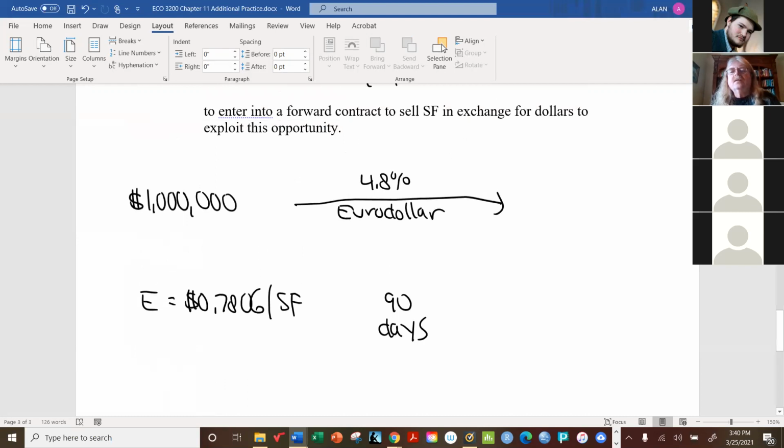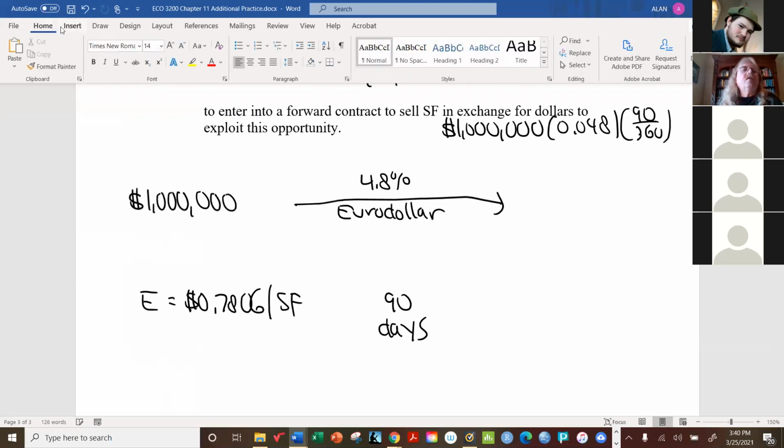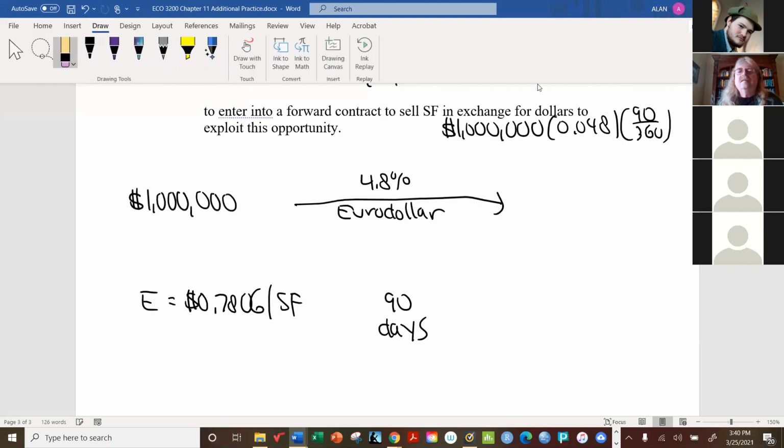Well, what we're going to do is 1 million times 4.8% times 90 over 360. Actually, this is not 0.048, it's 1.048, because we need to keep track of the principal as well. So let me write this a little more cleanly.